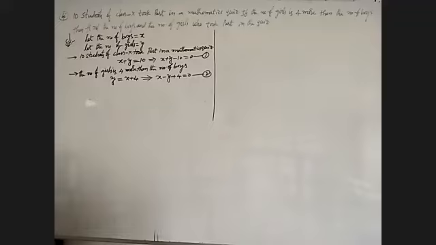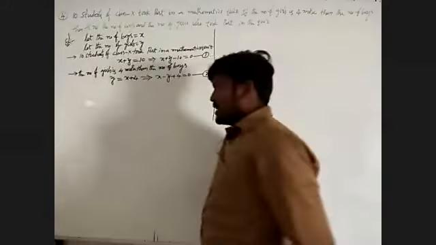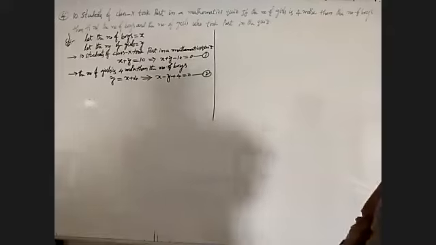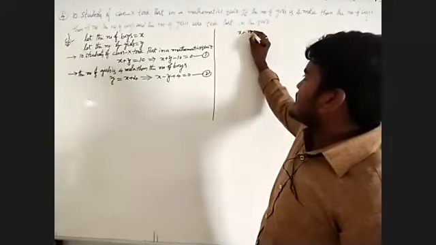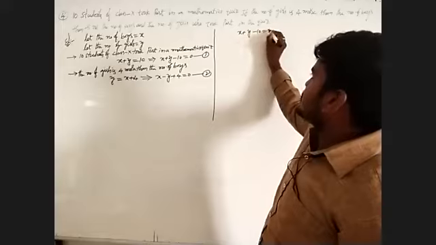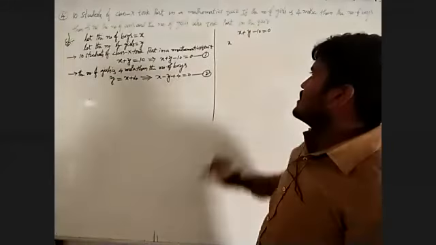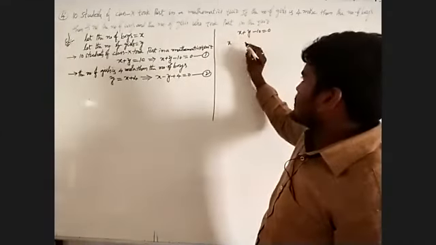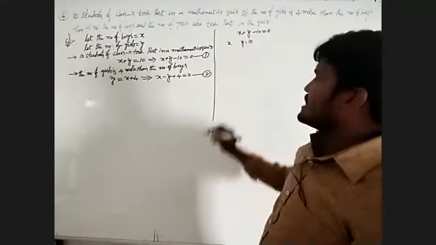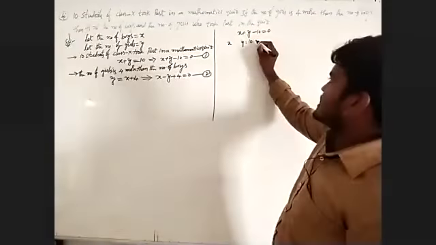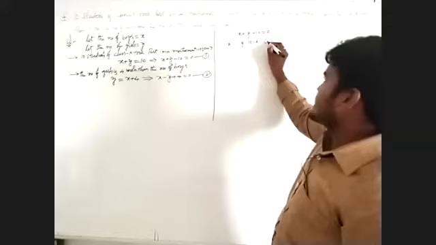We have to take some x values and then find the y values of both equations. First, for the equation x plus y minus 10 equals 0, we take some x values, where y is equal to 10 minus x.